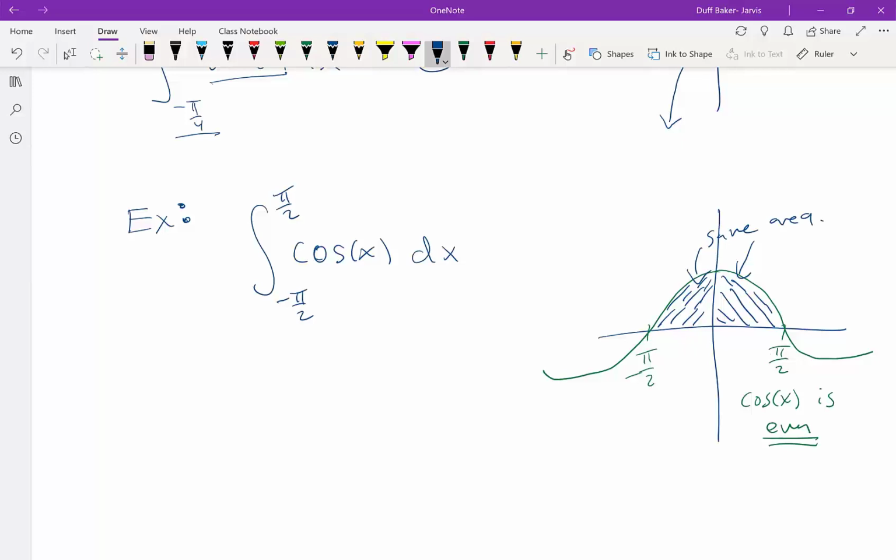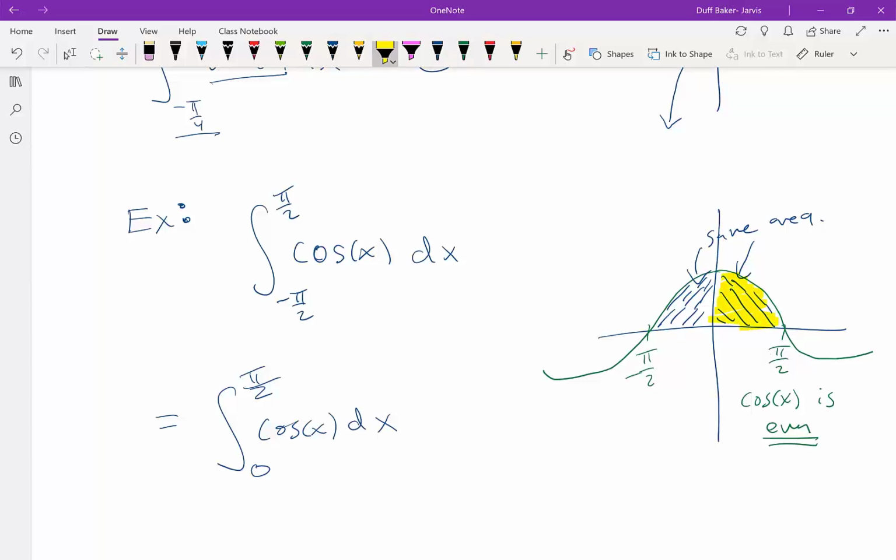So one thing you can do that sometimes saves you a bit of work, only sometimes, is if I just integrate from 0 to pi over 2, that would be just this area.